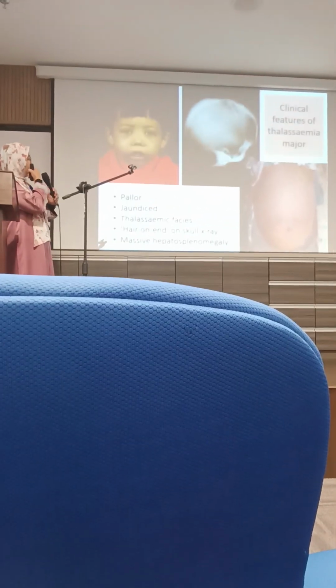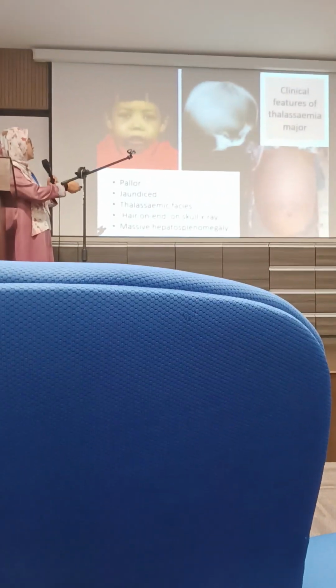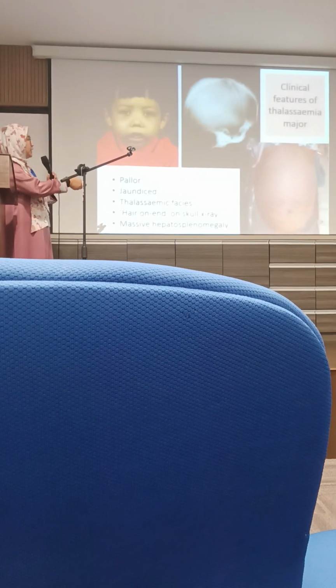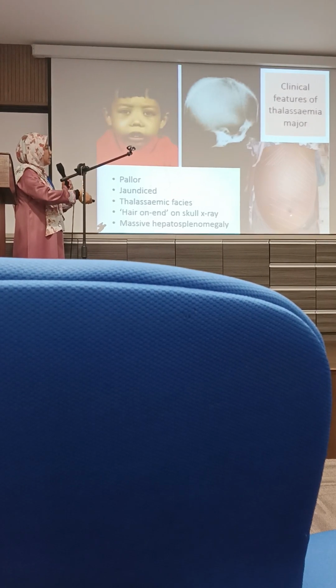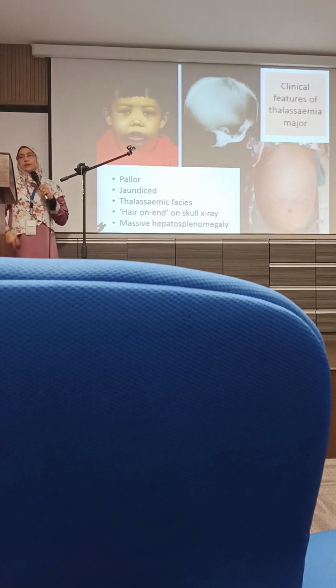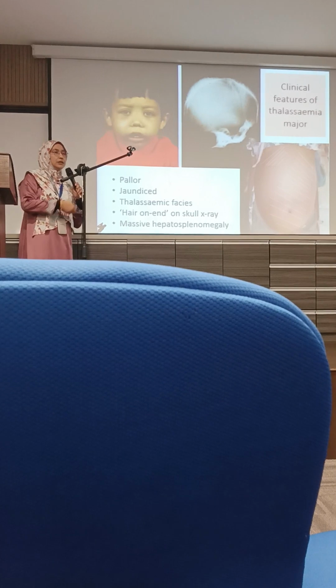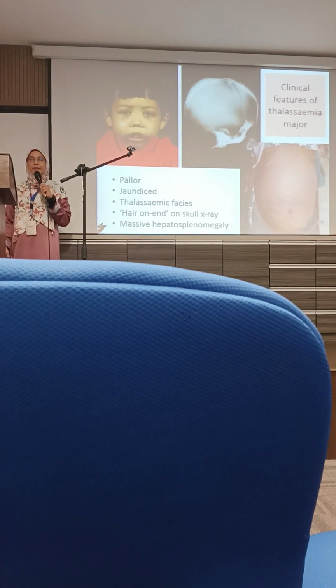And when you examine the patient, you have enlarged liver and spleen. In thalassemia major, usually you have massive splenomegaly where it cross the umbilicus. This is umbilicus. Dia cross daripada left to the right. So kalau massive macam ni, biasanya kita akan advise for splenectomy lah.